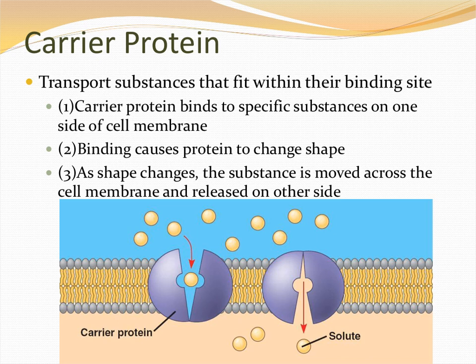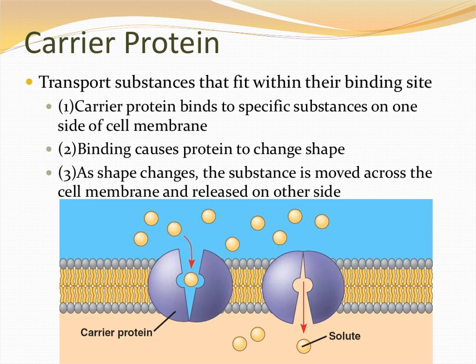With this carrier, it's more like lock and key. In order for this substance, whatever it is, molecule, atom, ion, to get in, it needs to bind to a specific site. You see it? So we call these carrier proteins.